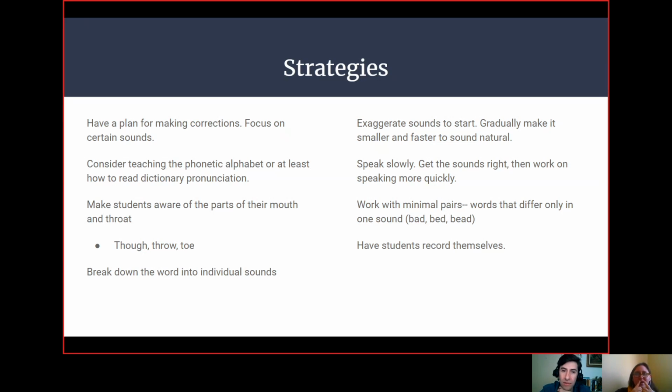It's not quite outside. And your vocal cords vibrate a little less. And with the last one, toe, your tongue is behind your teeth and your vocal cords don't vibrate at all. So it's helpful for students to have this reference so they can know when they're making the right sounds.